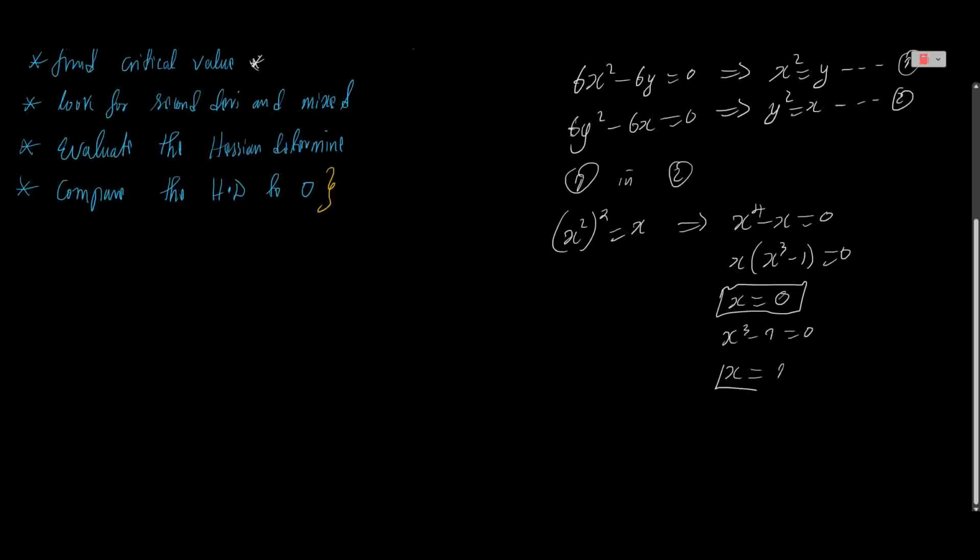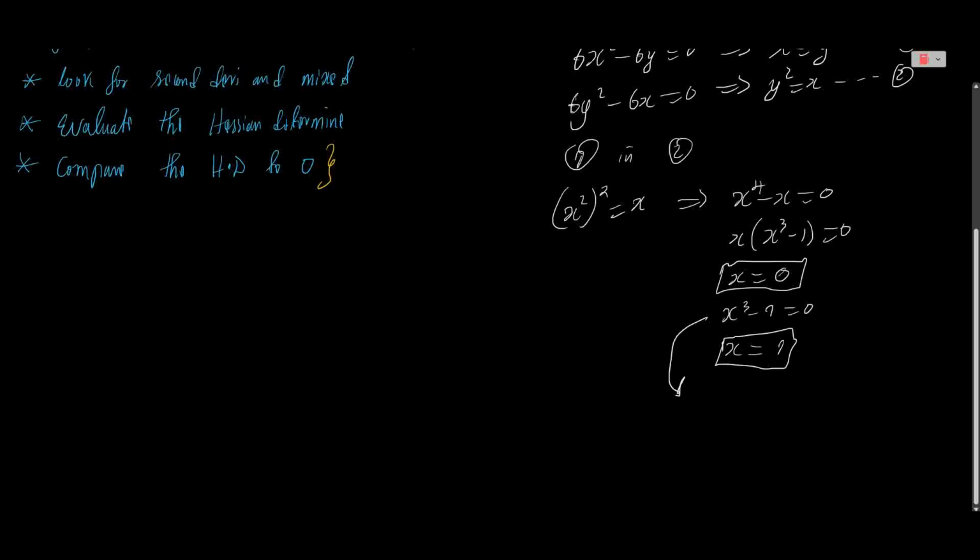Now there are two other complex solutions. When I talk of complex solutions, I mean that the solutions exist but in the complex domain, right? And we can break this down: x cubed minus 1 is x minus 1 multiplied by x squared plus x plus 1.